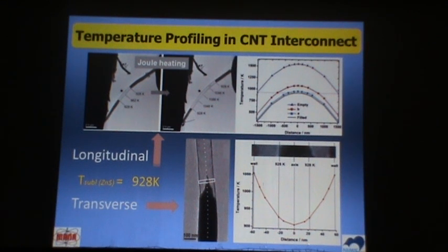You can see very big gradients here. The tube walls are rather hot, the center can still be rather cold. So that was the summary of these experiments.